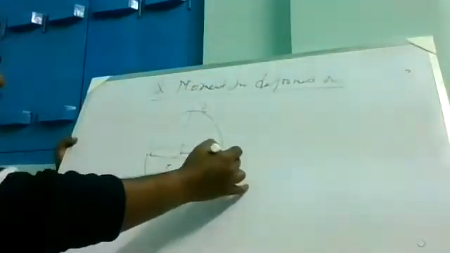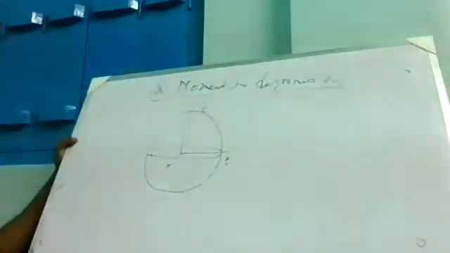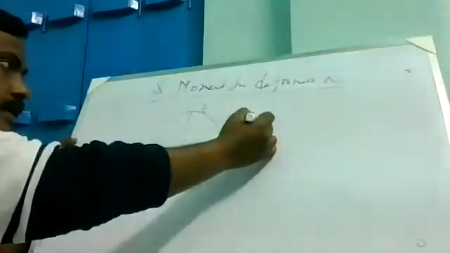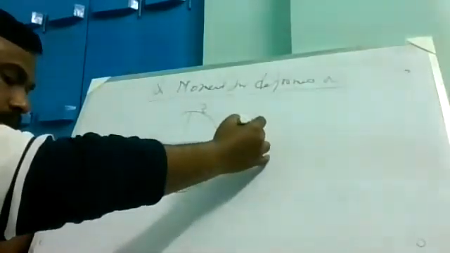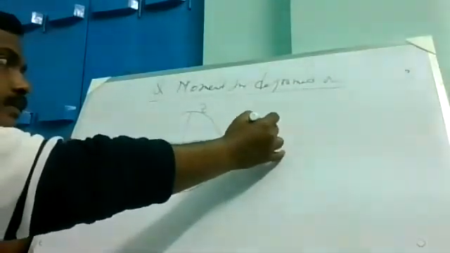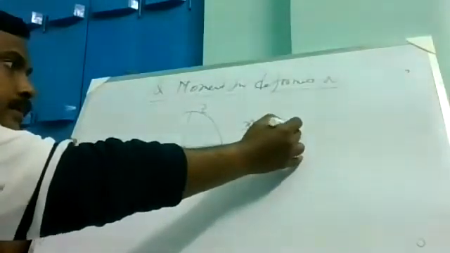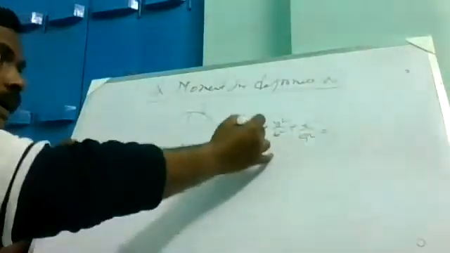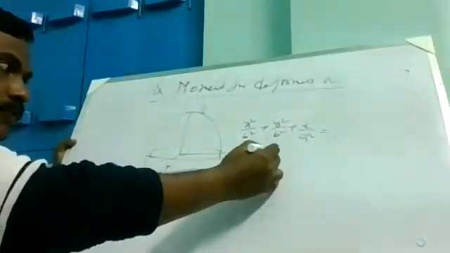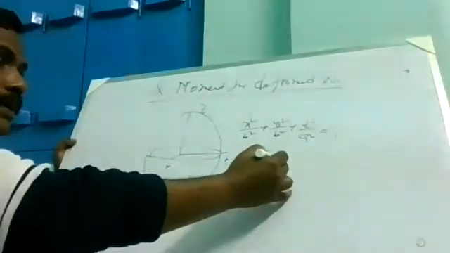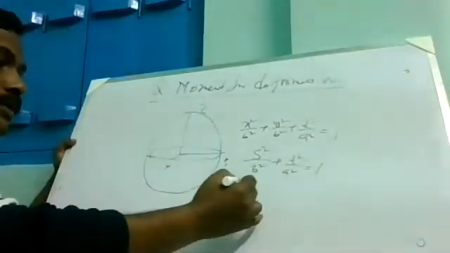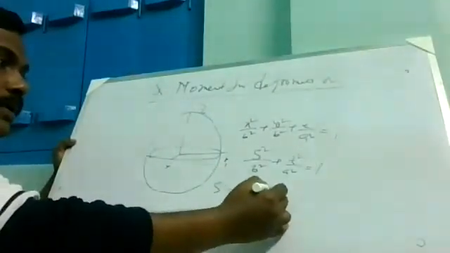This is the z axis and this is the xy plane. It is elongated along the z axis. Then x square by b square plus y square by b square plus z square by a square equals 1, and you may write this as s square by b square plus z square by a square equals 1, where s square is equal to x square plus y square.